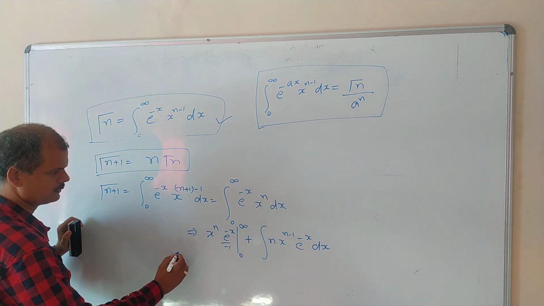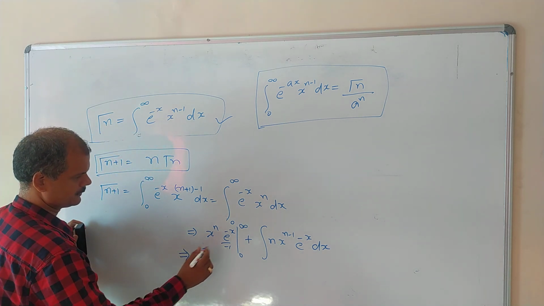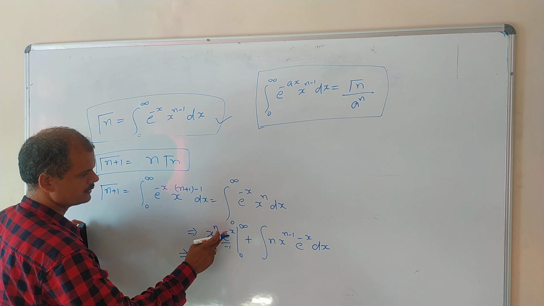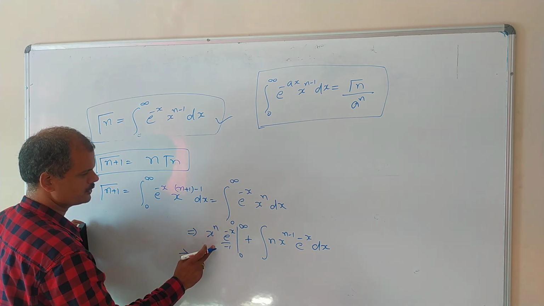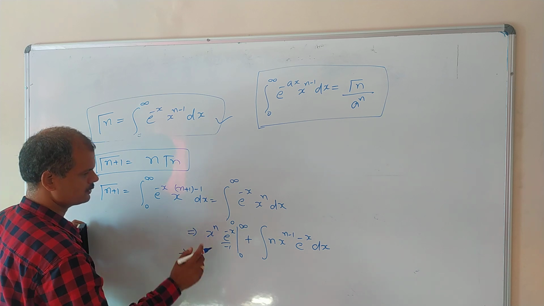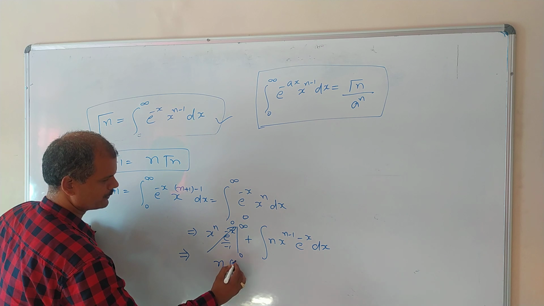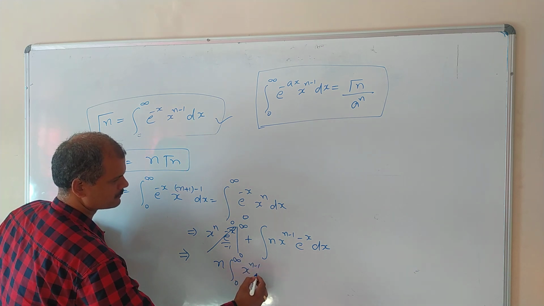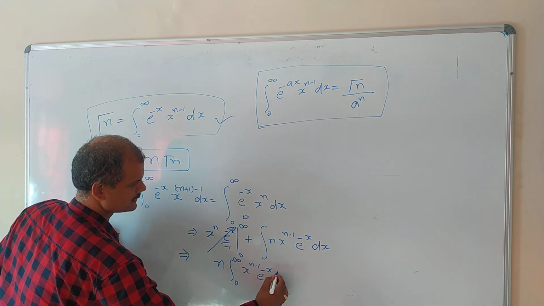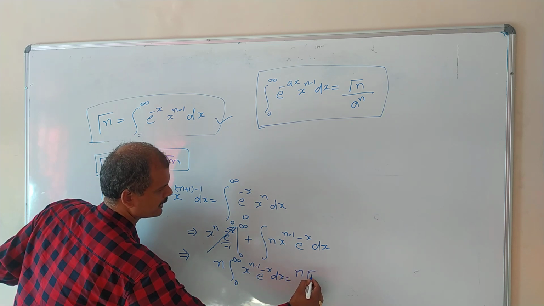Okay, so now here x equal to infinity, this is 0, x equal to 0, this is 0, so this term will go to 0. So we get n times integral 0 to infinity x power n minus 1 e power minus x dx, so n gamma n.